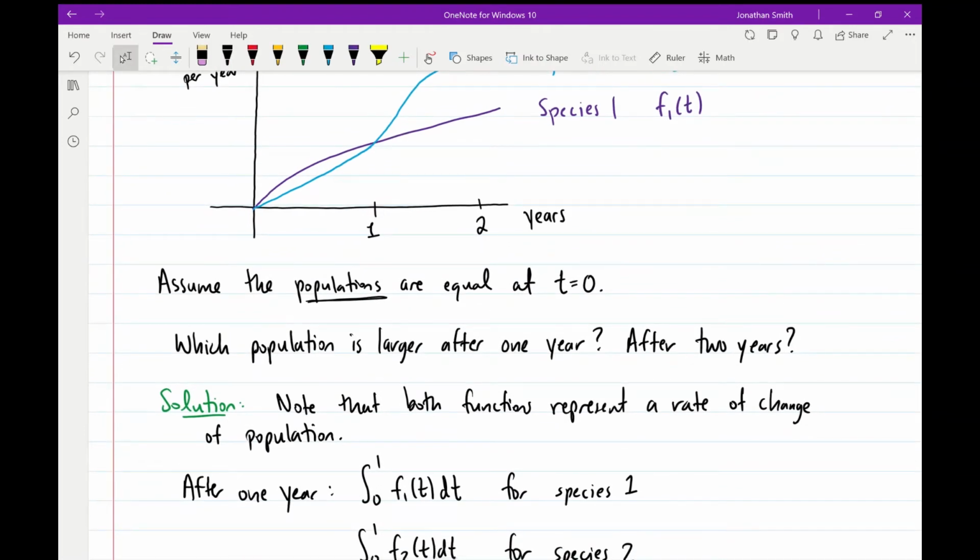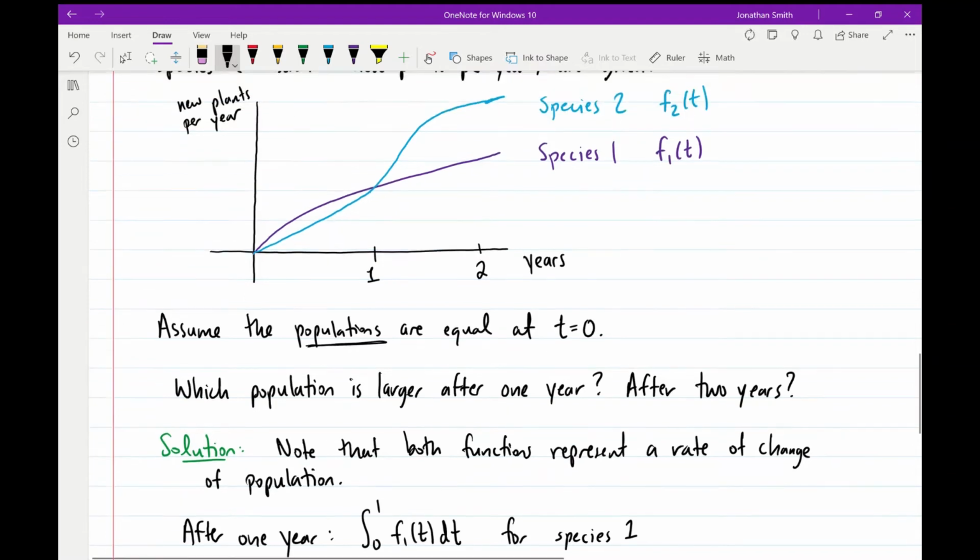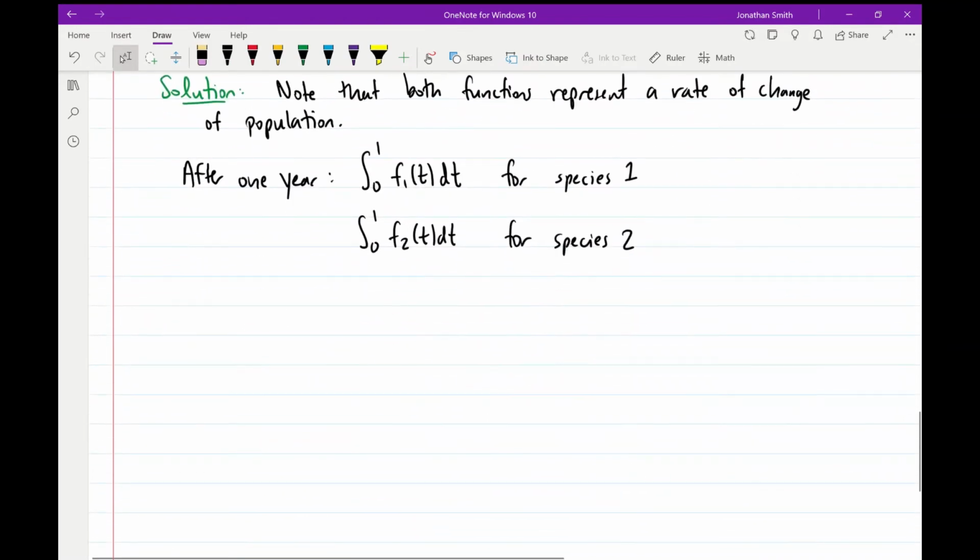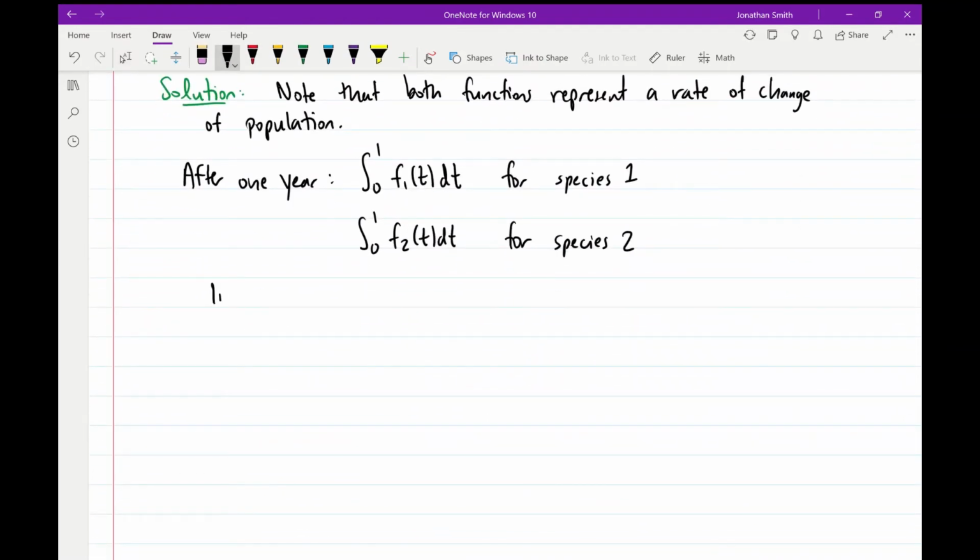So if I want to figure out which one is bigger, well, let's go up to the functions and determine which area is bigger. So if I look at species 1, the purple function, the area under that graph from time equals 0 to time equals 1 is going to be bigger than the area under the blue curve representing species 2. So in this case, the integral from 0 to 1 of f sub 1 of t dt is bigger than the integral from 0 to 1 of f sub 2 of t dt.